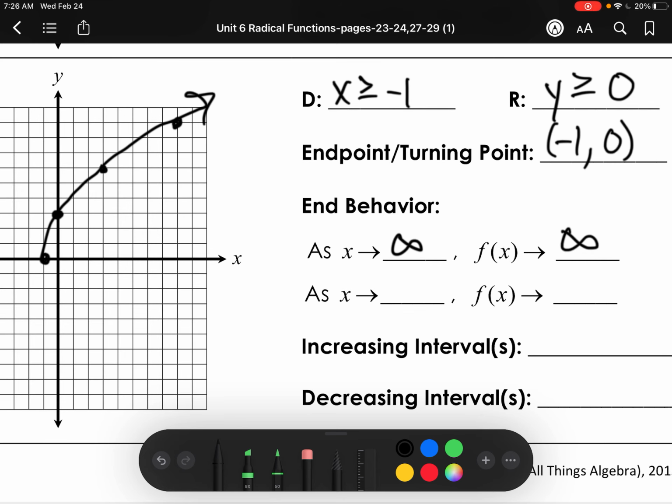And then this time the end behavior is going towards this part of the graph. So it's approaching -1, right? You can't approach anything less than that. So as x approaches -1, our output, or y values, is approaching 0, right?